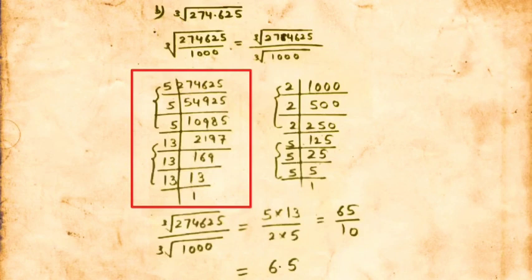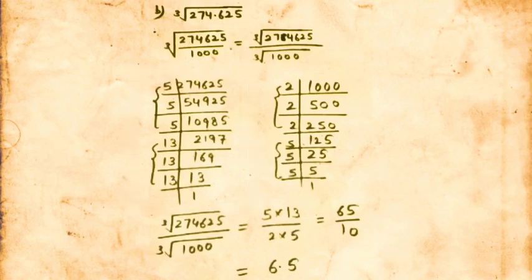Again by 5, giving 2,197. Now this term is divisible by 13, which is also a prime number. So dividing by 13 gives 169, then 169 divided by 13 gives 13, and 13 divided by 13 gives 1. So we got triplets of 5 and 13 as the factors of 274625.